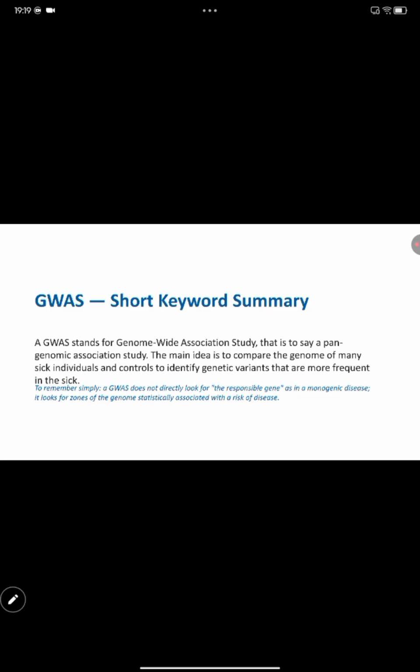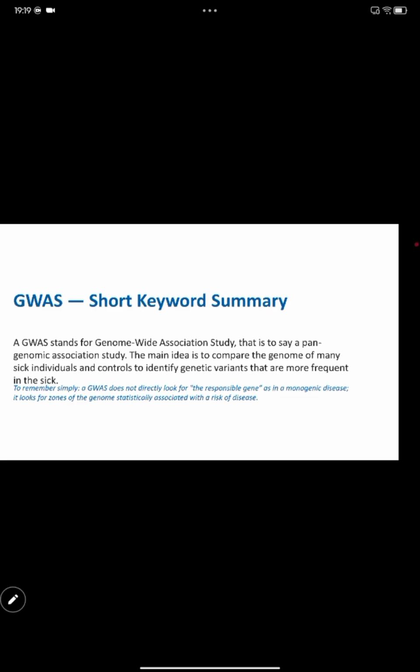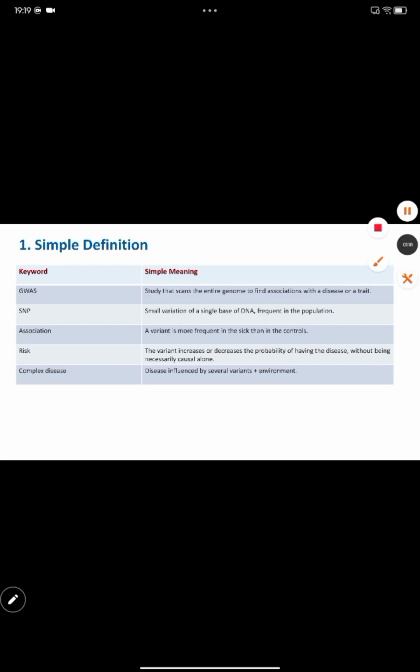So let's jump into some definitions. First of all, as I said, GWAS is a study that scans the entire genome to find associations with a disease or a trait. SNP, it is a small variation of a single base of DNA frequent in the population, and it is mostly used in GWAS studies.